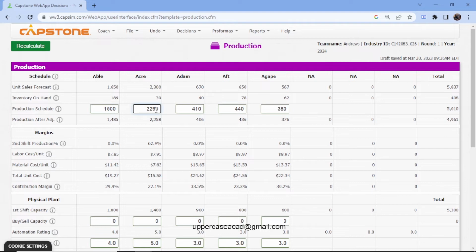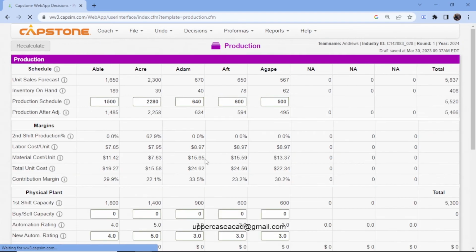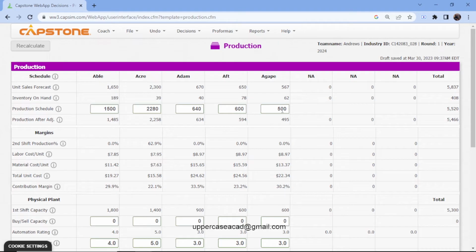Let us just leave it at 80. Then for this one, I'll produce 640. Then for this one, I'll produce 600. Then for this one, I'll produce 500. Now this one, let me top it up to 510.